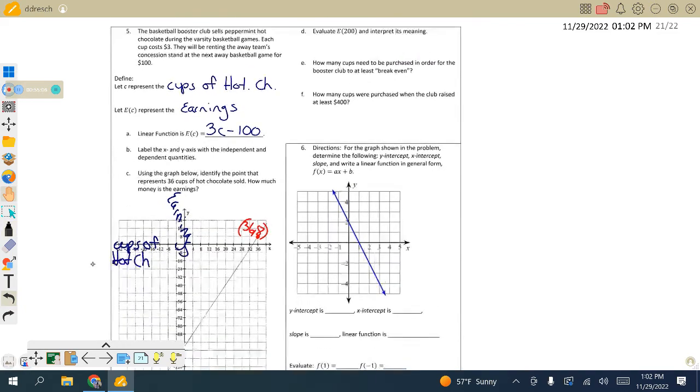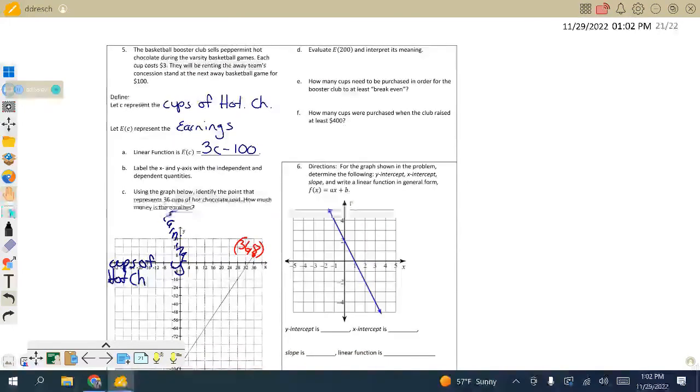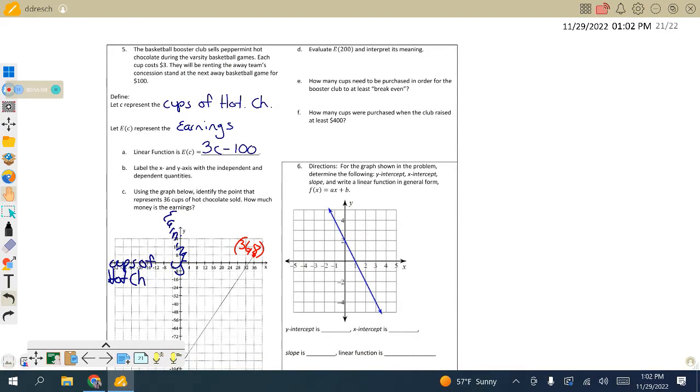All right, let's go up on the top there. What does 200 then mean? Sold how many? And made how much? Sold 200 cups and made something. $3 times 200 minus that.